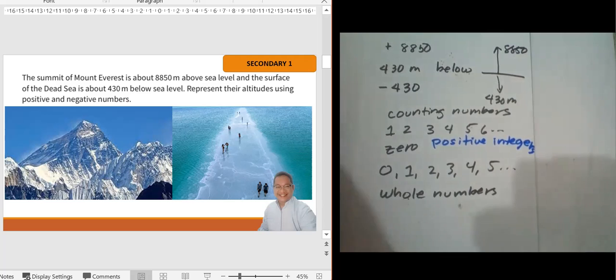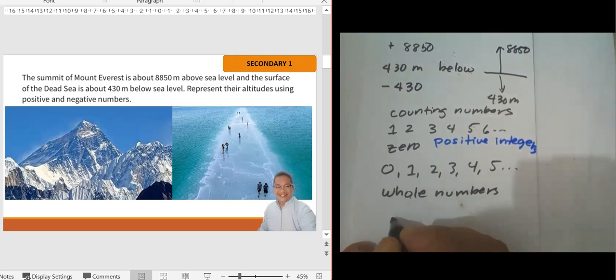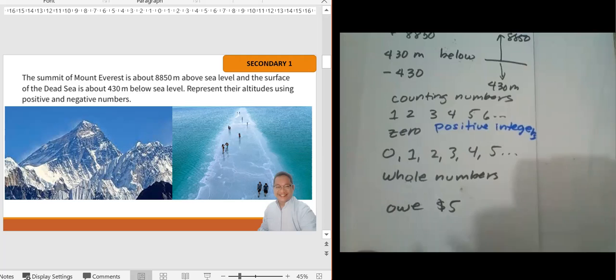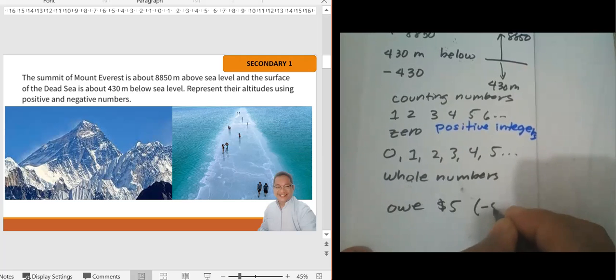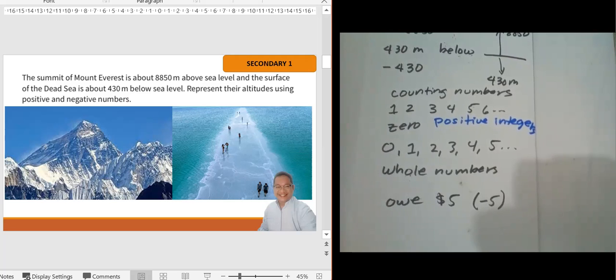And then, for example, you've learned before that, let's say your friend owes you $5. When you owe someone, that actually means minus $5 or negative 5, because you don't have that money. You owe that money, so that is negative 5.